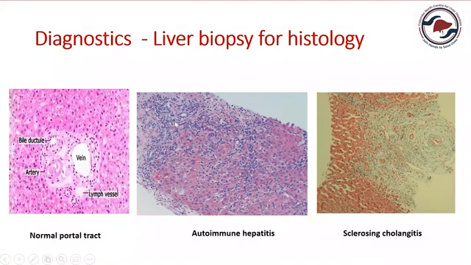Possibly there is a component of overlap as well. The third picture illustrates a classical appearance of sclerosing cholangitis. Here you can see the onion peel appearance around the bile ducts. That is the classical feature the histopathologist would look for to say this is sclerosing cholangitis.